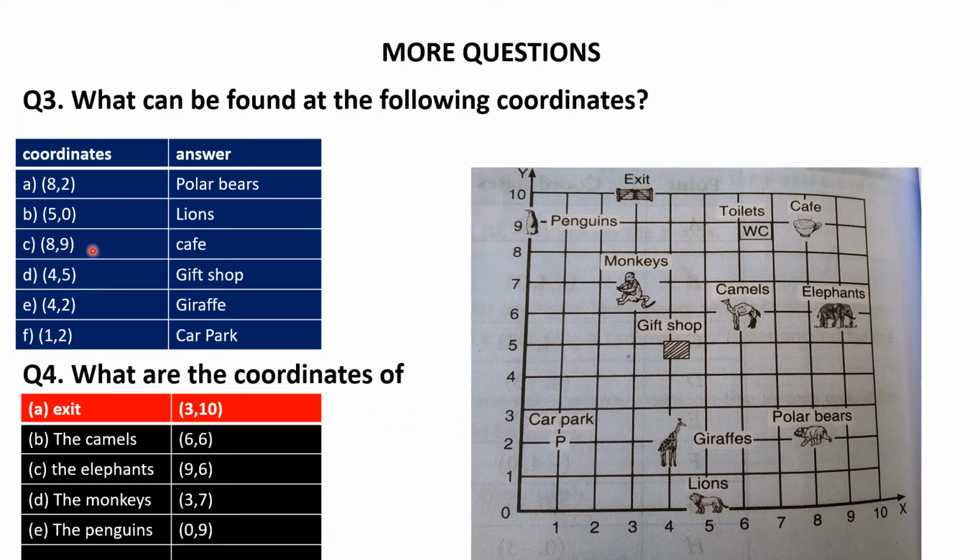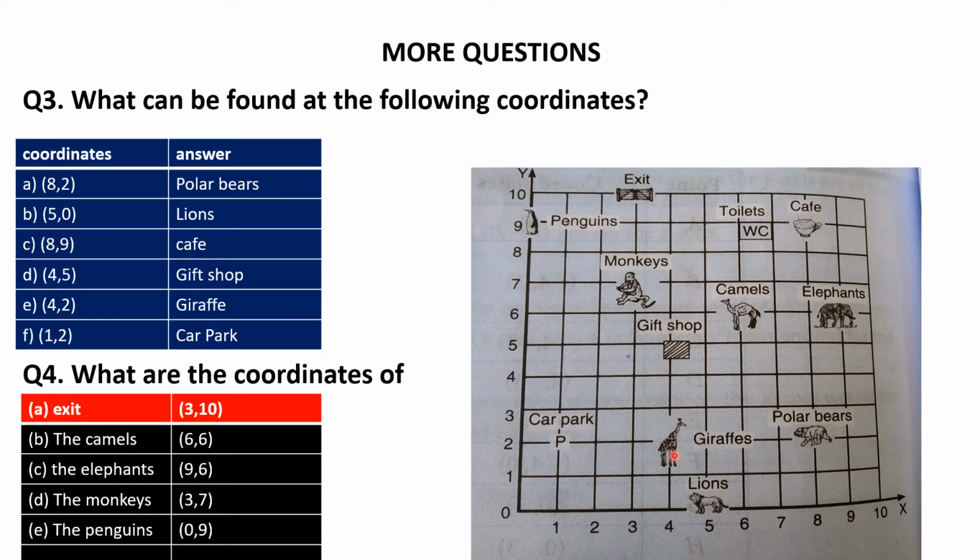Next 8,9. From x-axis you take 8 and from y-axis it is 9. So there you are having F8. Next is 4,5. From x-axis you take 4 and from y-axis you take 5, and that is a gift shop. Next 4,2. From x-axis you take 4 and from y-axis you take 2.